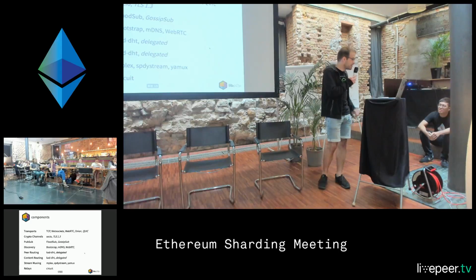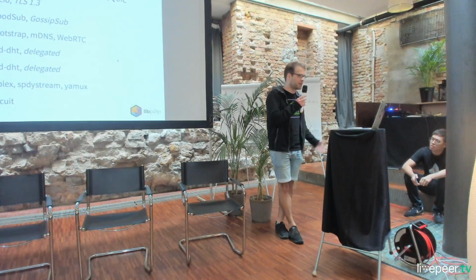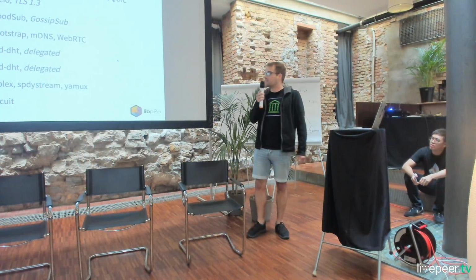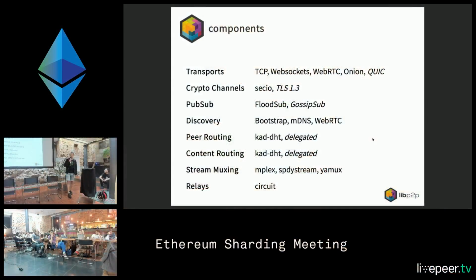libp2p is basically just a bunch of components. Each of these components is basically an interface, just a couple of methods, just a couple of functions that implementations implement. There are transports, crypto channels, pubsub, as we already heard, discovery for just finding any nodes, peer routing for finding addresses for specific nodes, content routing for finding nodes that have specific content.